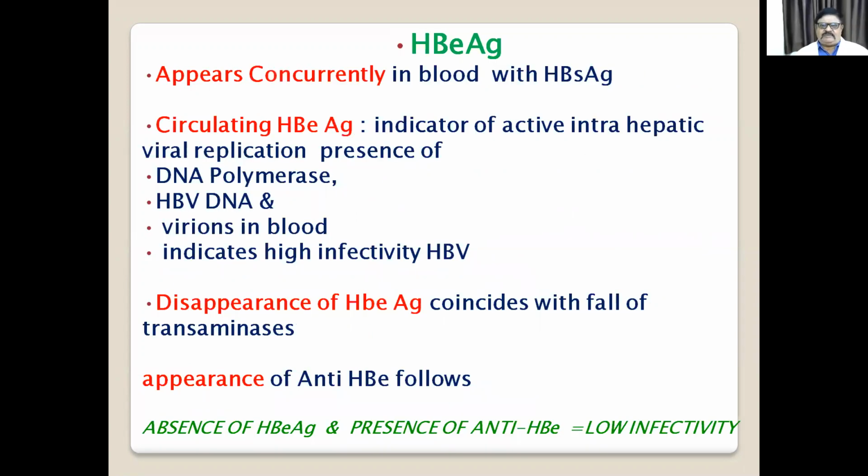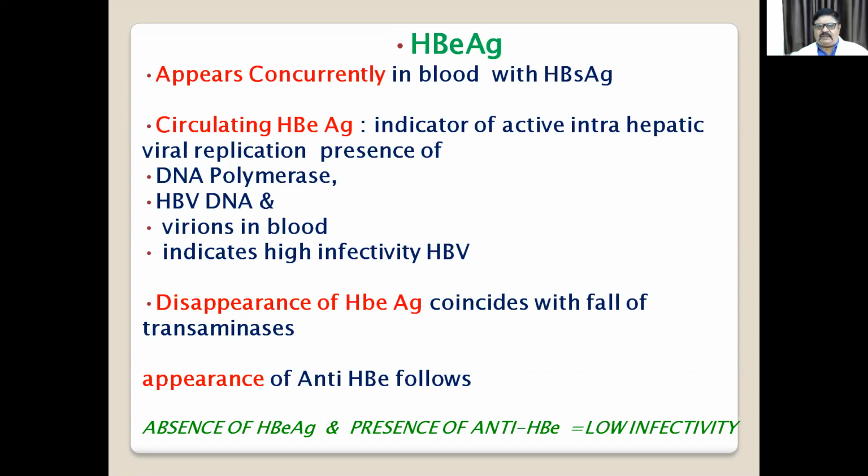Now, coming to HBe antigen, it appears concurrently in blood with hepatitis B surface antigen. So HBsAg and HBeAg appear simultaneously. If you see HBe antigen in the circulation, it is indicative of viral replication, presence of DNA polymerase, and the DNA of HBV, virions in blood, and indicates high infectivity of hepatitis B virus.